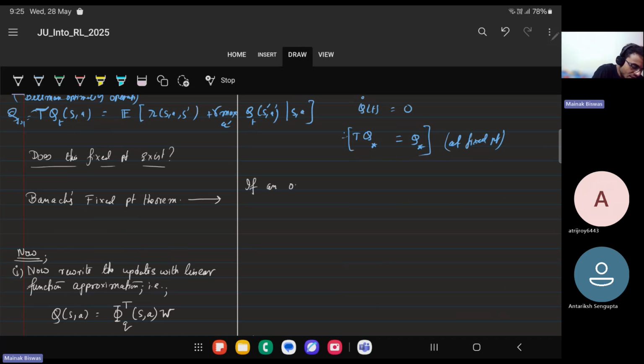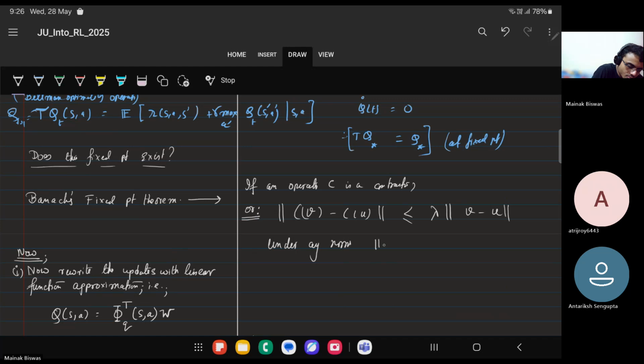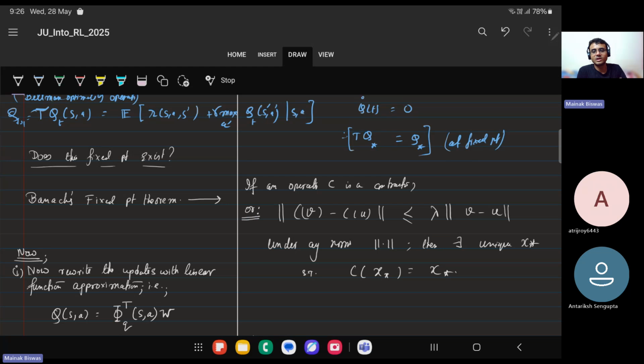If an operator C is a contraction, or in other words, norm of CV minus CU is less than or equal to gamma, or say lambda, times norm of V minus U, under any norm, then there exists a unique X star such that C X star is equal to X star. This is Banach's fixed point theorem.